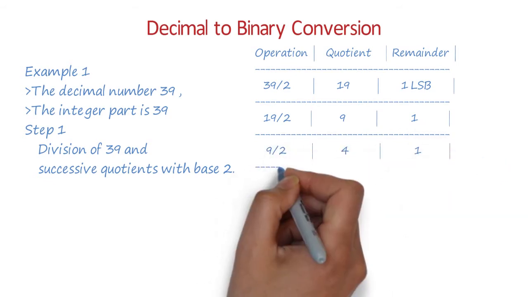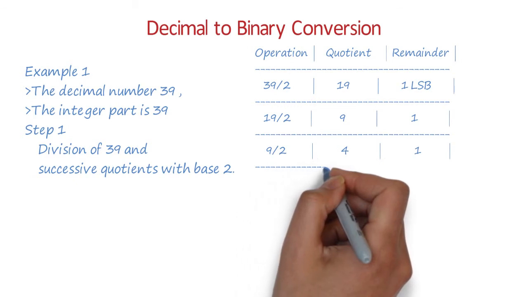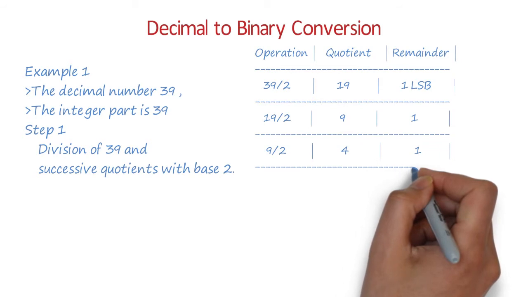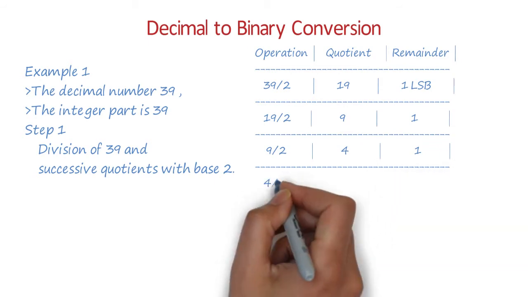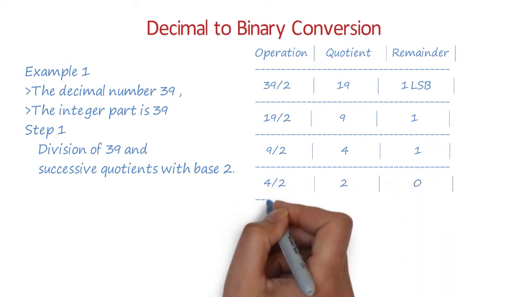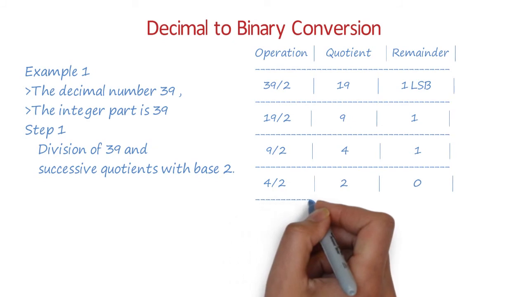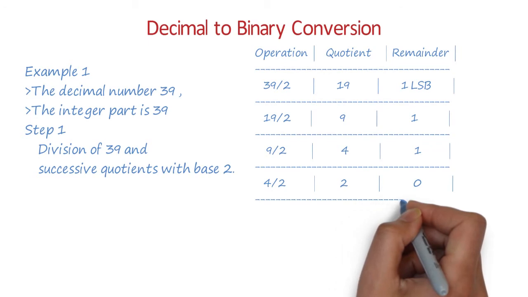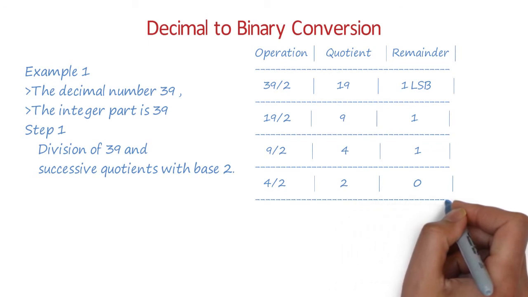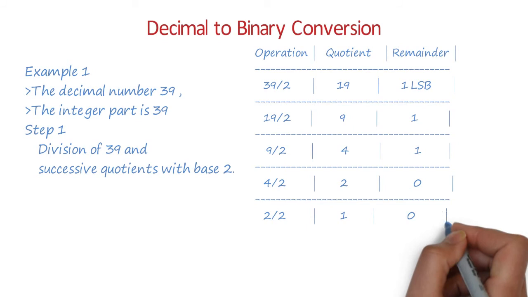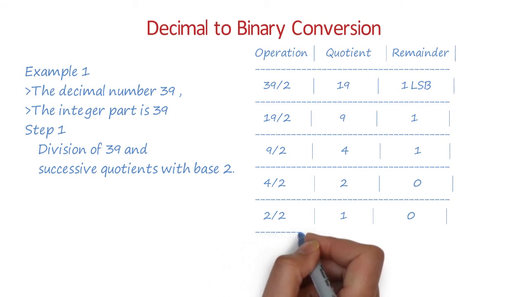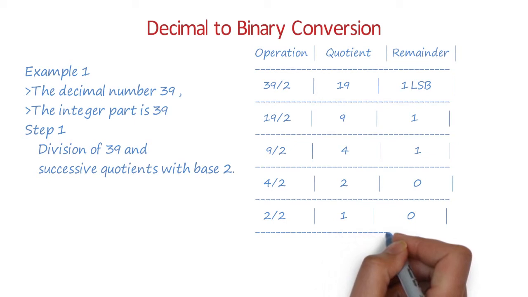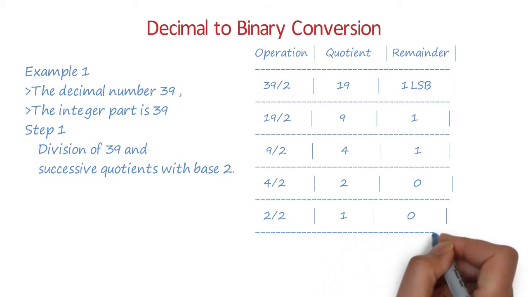In step 3, the 9 will be divided by 2, which gives 4 quotient with remainder 1. Again, this 4 will be taken to the next operation, and 4 by 2 is 2 quotient with 0 remainder. Then this 2 will be taken for the next operation, and 2 by 2 quotient will be 1 and remainder will be 0.